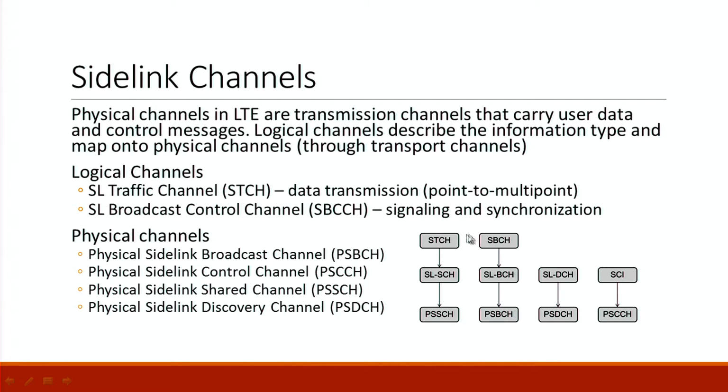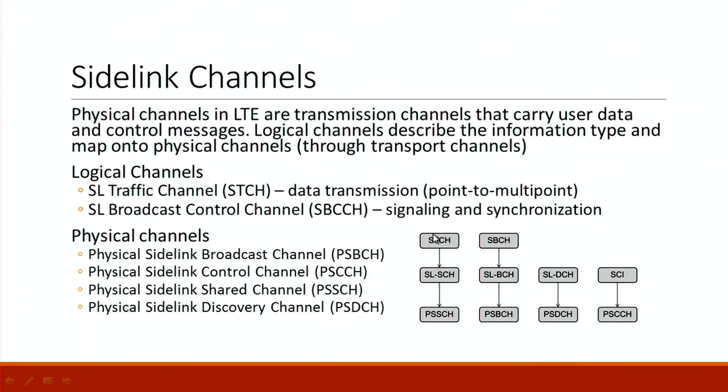These are logical channels. What it means is that everything that is data will go through the traffic channel. Everything that is control signaling will go through the broadcast control channel. So when you do resource allocation, it will go through this logical channel.